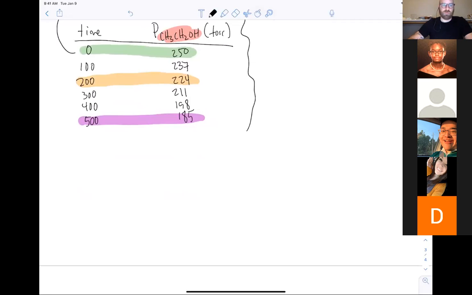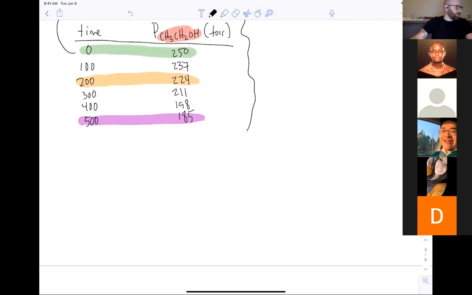Let me open this up. So all I'm doing is punching this data into a spreadsheet.